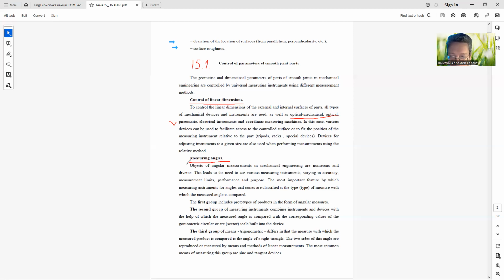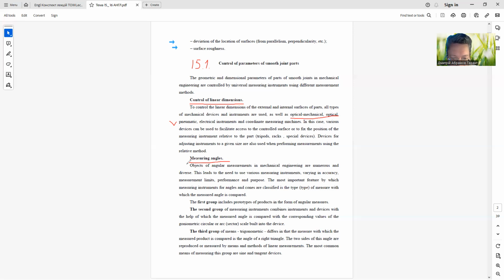The most important feature by which measuring instruments for angles and cones are classified is the type of measure with which the measured angle is compared.